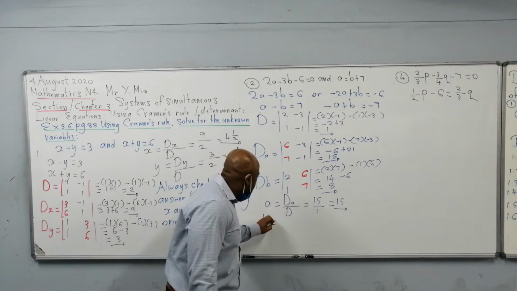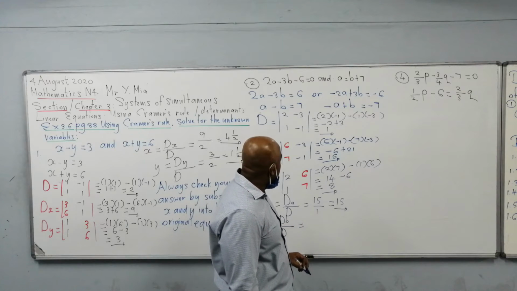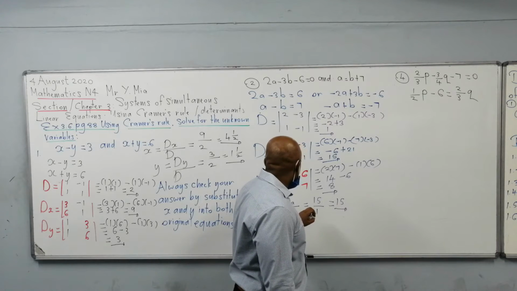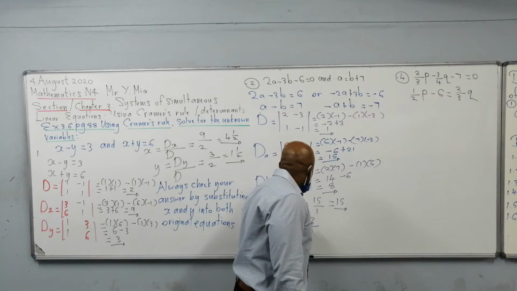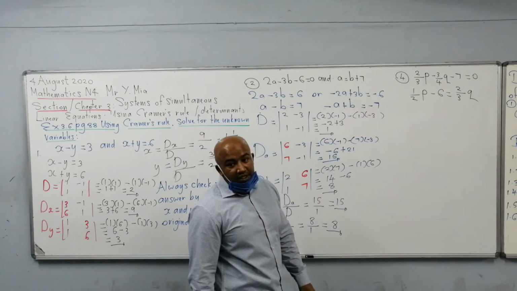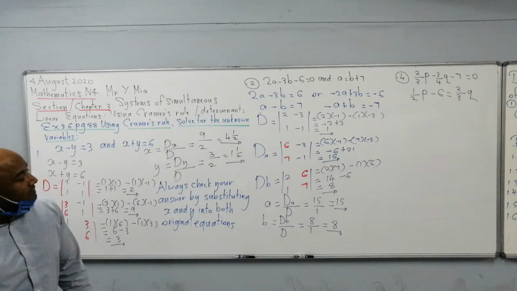Then we got B is equal to dB over D. So what is my dB? It is 8 over 1, which is 8. You check your answer. Easy.